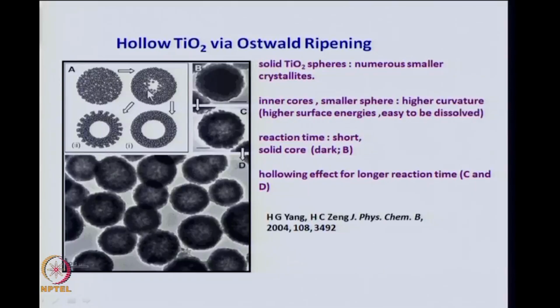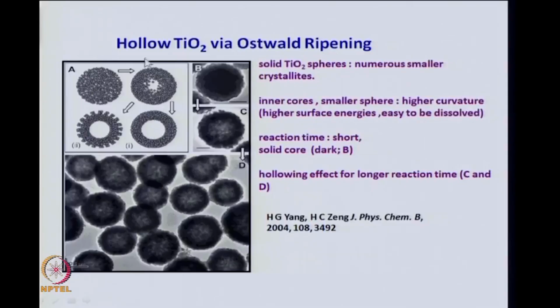The core particles have higher surface energy compared to the particles on the exterior of this large group of particles. So the exterior ones will grow, and inside, the particles which have more curvature and higher surface energy will be lost.